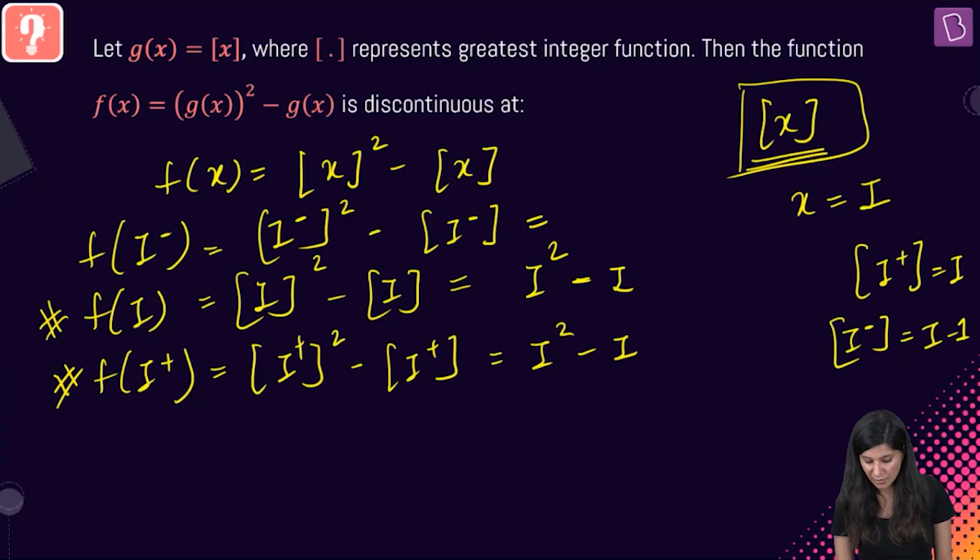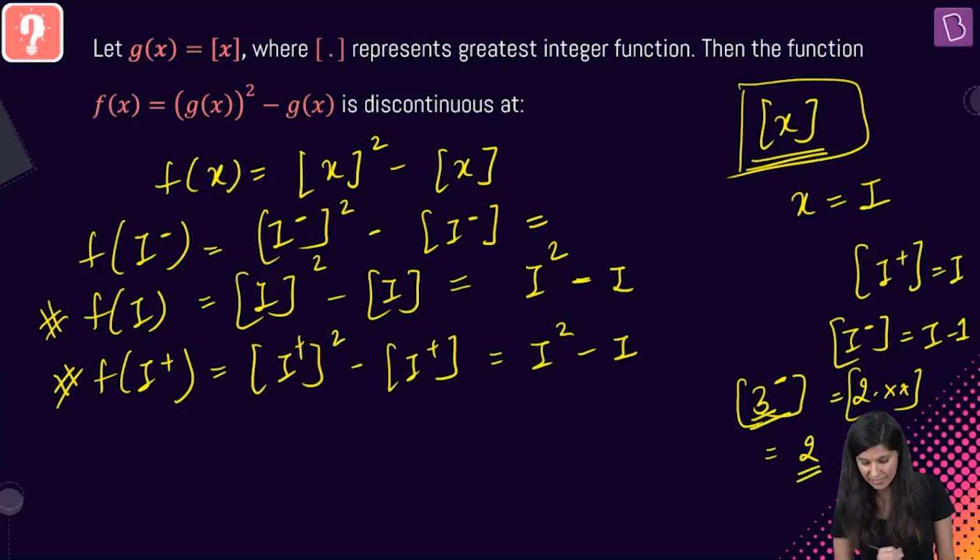If you talk about GIF of 3 minus, 3 minus is 2 point something, and GIF is nothing but 2. 3 minus, the result is 2. 4 minus, the result is 3. That means I minus, the result is I minus 1. So this is I minus 1, free from GIF this time.